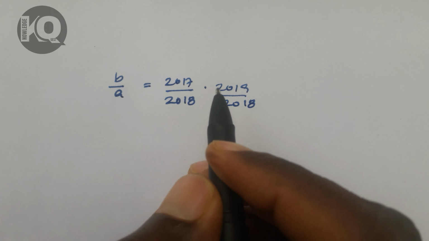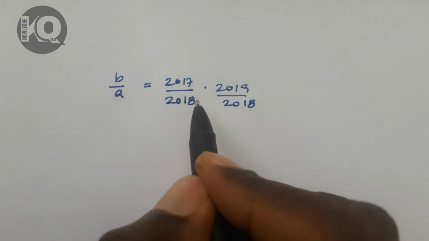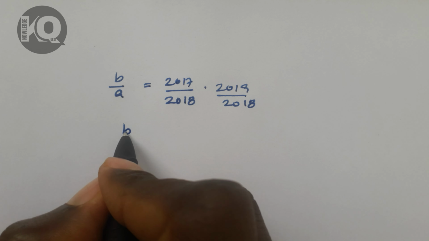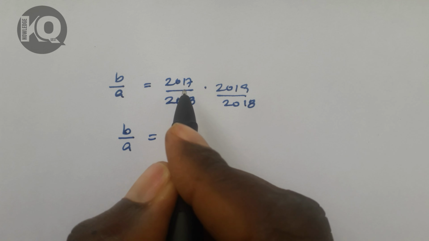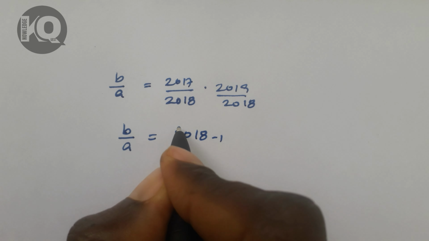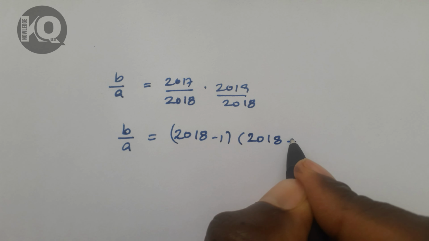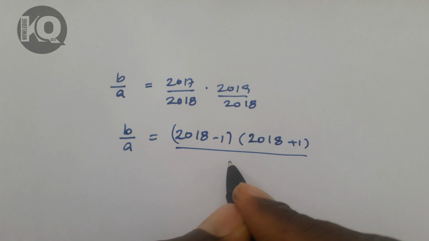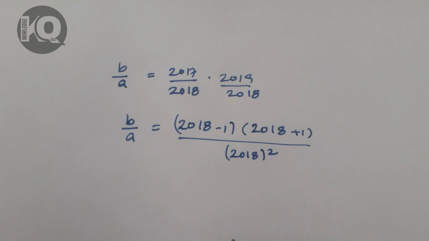Let's simplify. For simplification, we can rewrite 2017 as 2018 minus 1, and 2019 as 2018 plus 1, all divided by 2018 squared.